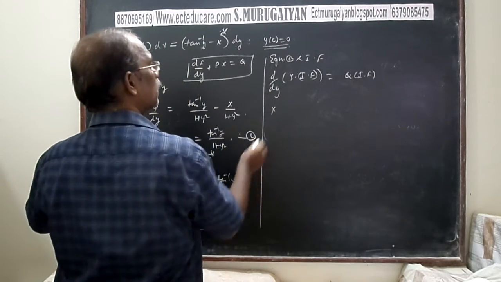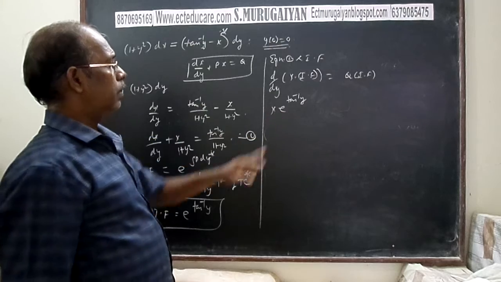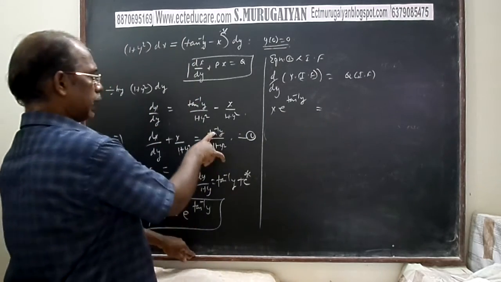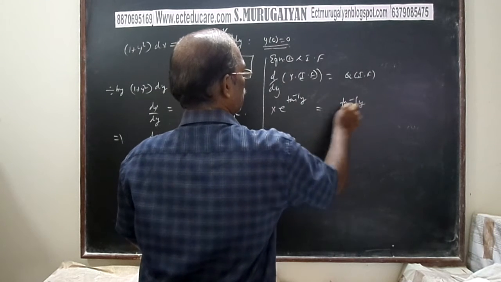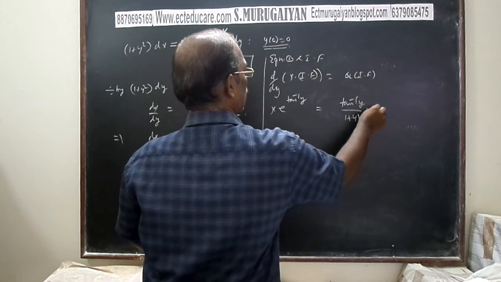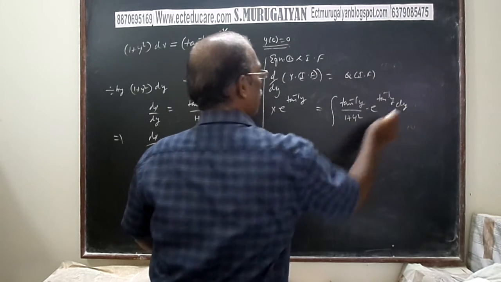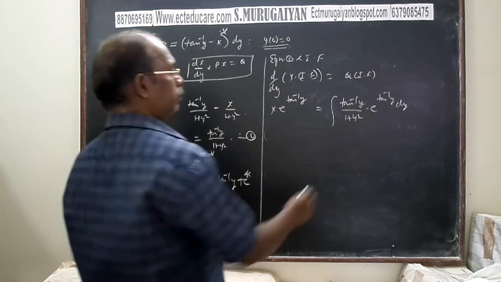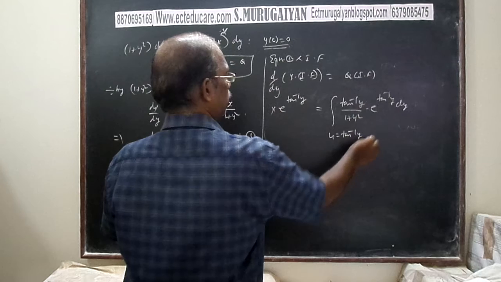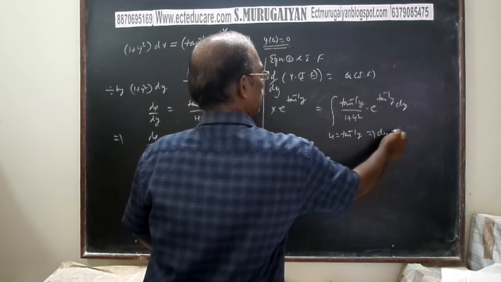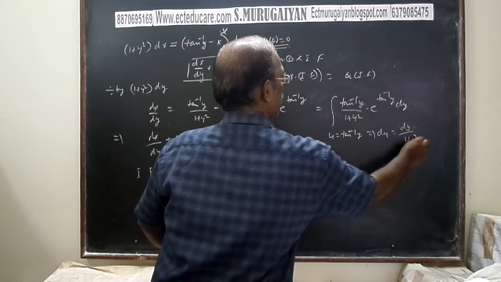After integration, x into e power tan inverse of y, this is the integrating factor. What is Q? Tan inverse y by 1 plus y square, into e power tan inverse y, dy. Dear student, if you take u equal to tan inverse y, what will happen? du is dy by 1 plus y square.